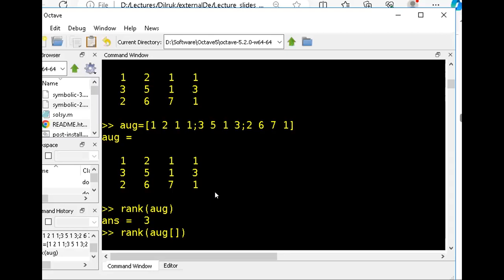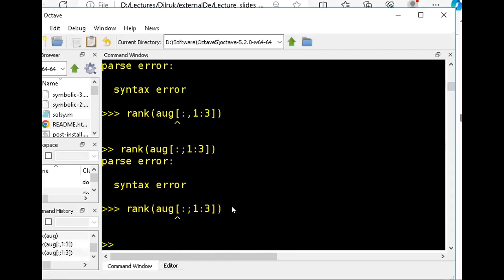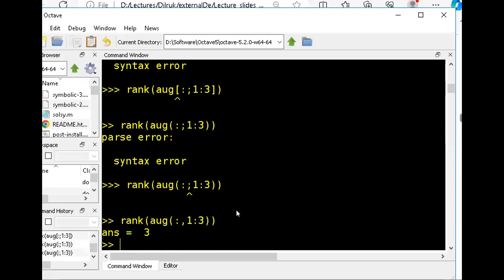It is from column 1 to column 3. Now let's remember what the syntax is if you want to retrieve.